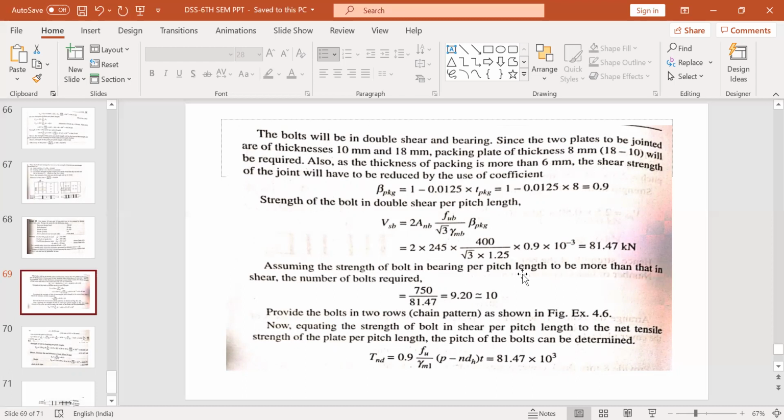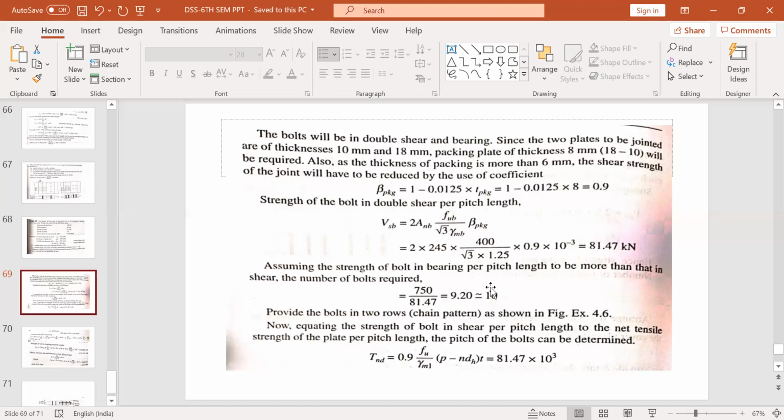The number of bolts required would be this by this. Assume that the strength of the bolt is 81.47. Assume that shearing strength is less than bearing strength. Now total load coming on the plate is 750 and strength of one bolt is 81.47. So what is the number of bolts required? Total load by strength of one bolt. So this is 9.2, 10 bolts.